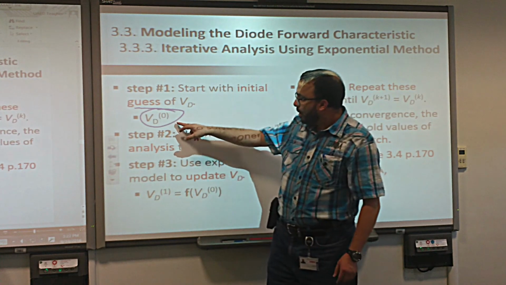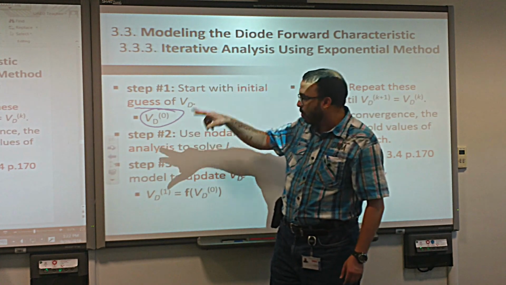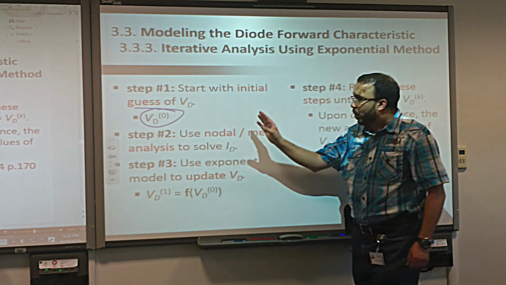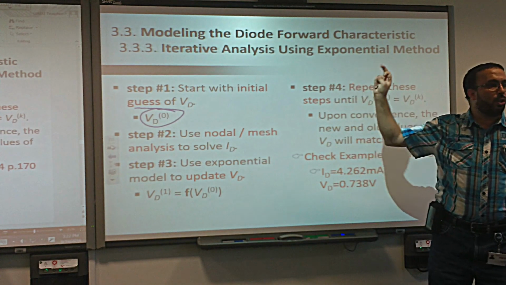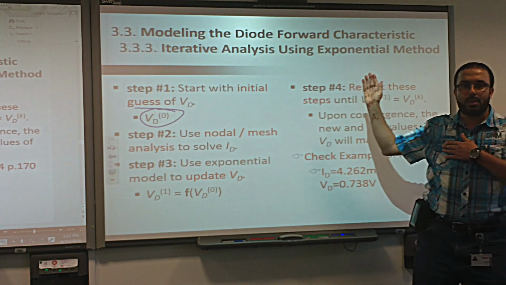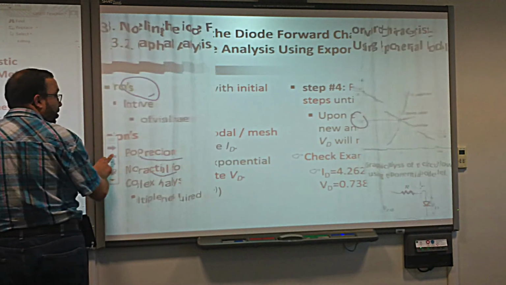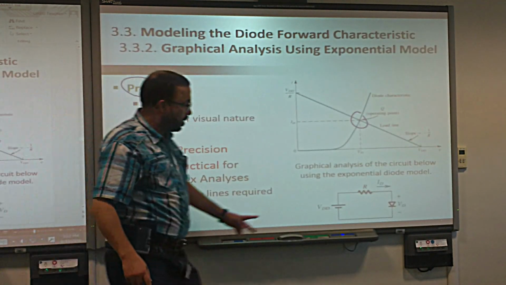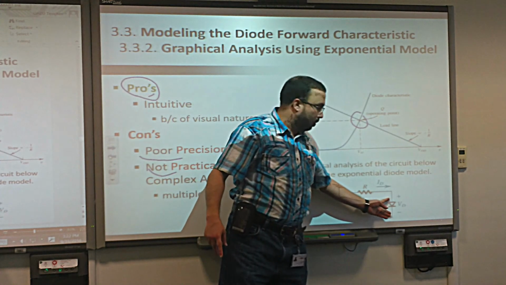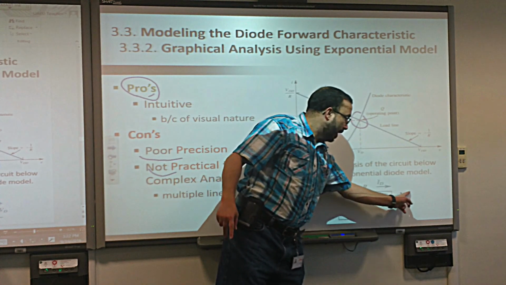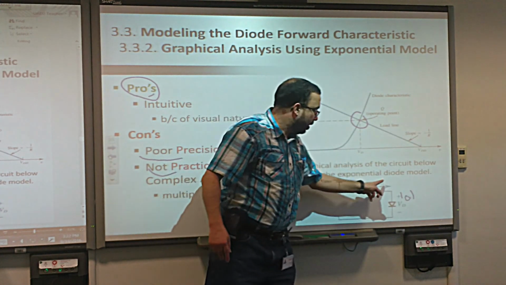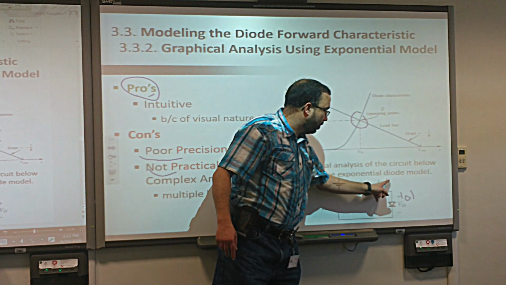Very good. So we start with that, or we can assume, and that's the voltage across the diode. I go to the circuit and I put that voltage across the diode. That's VD0, okay? And then I calculate the current, yes or no?